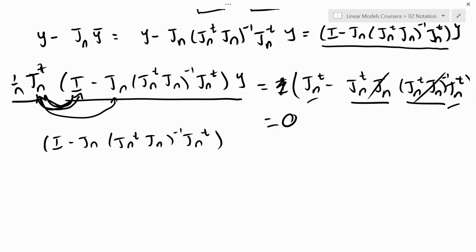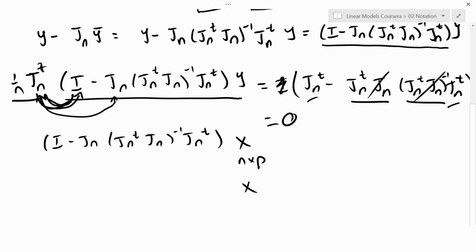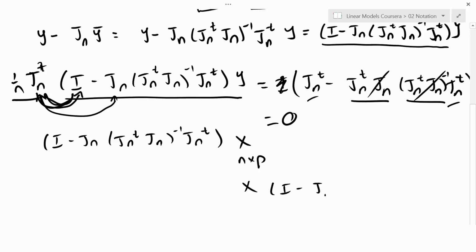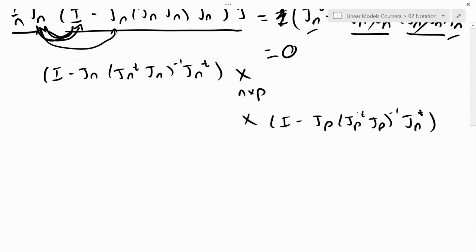So as a specific example, if I have a matrix X, which is n by p, and I pre-multiply it by that matrix, that's the same thing as multiplying each column vector of X by that matrix, so that mean centers the columns of X. Conversely, if I post multiply X times I minus J_p (J_p transpose J_p) inverse J_p transpose, that will mean center every row of X. And this is a very convenient operation.